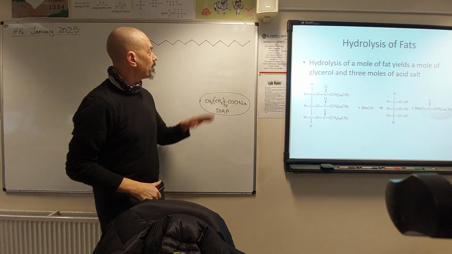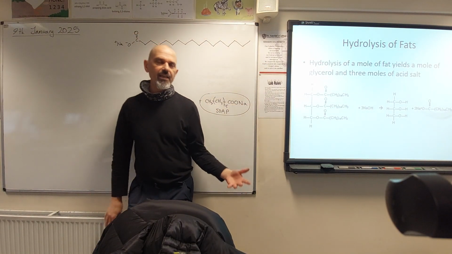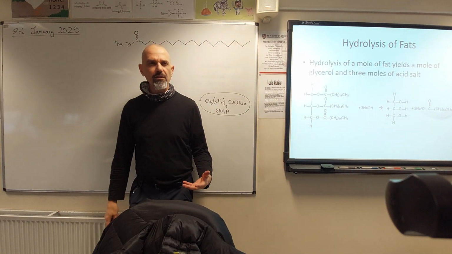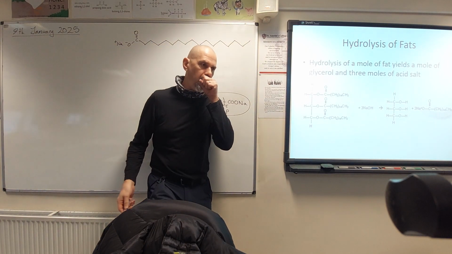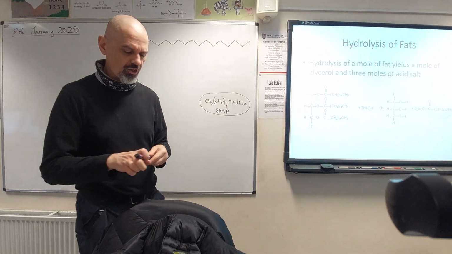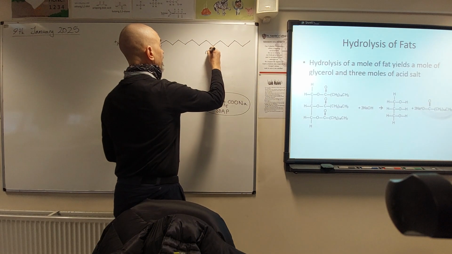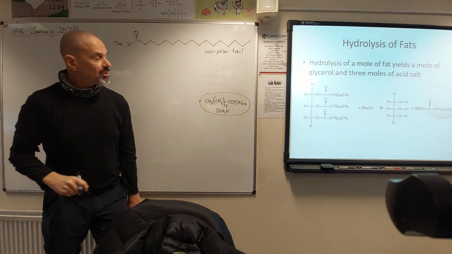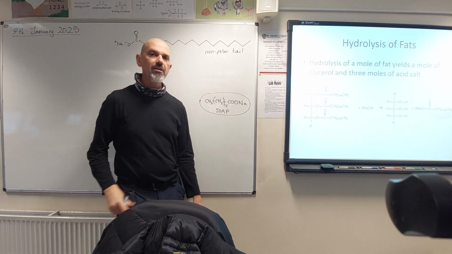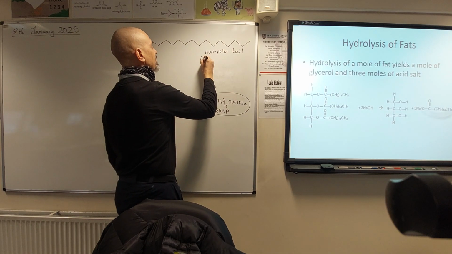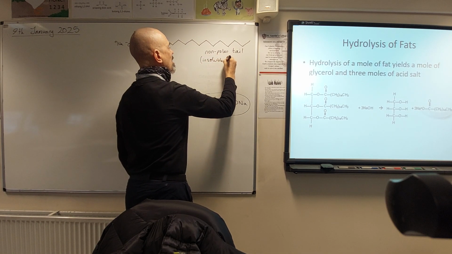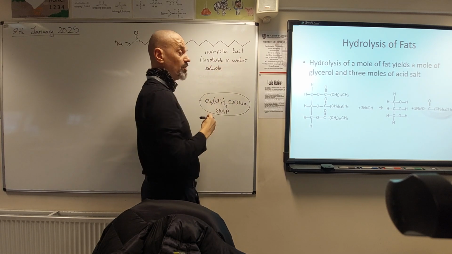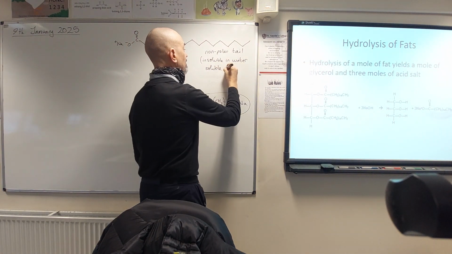So what do we know about long carbon chains? Think petrol, think diesel oil. Well, long chains of hydrocarbons are not soluble in water because they are non-polar. So we've got a long non-polar tail here, which would be insoluble in water, but soluble in other non-polar substances like fats.